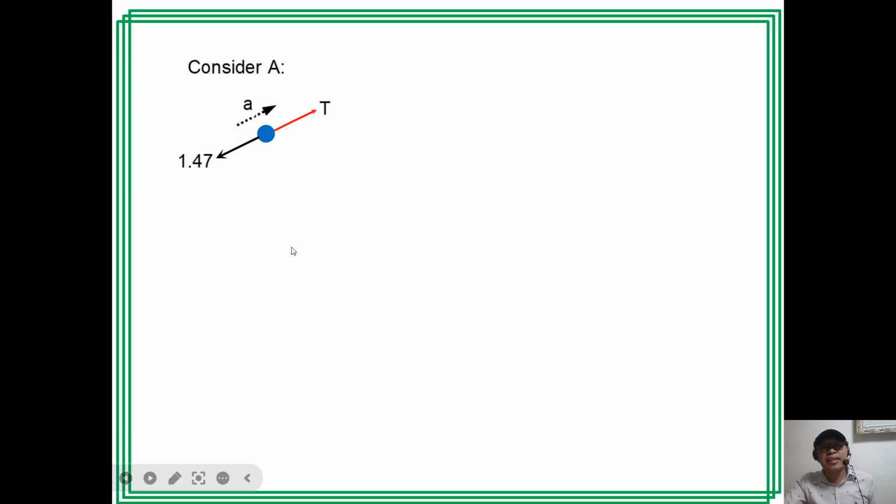But if we solve this by Newton's second law, we can just say that T is greater than 1.47, and the difference between T and 1.47 is equal to mass times acceleration. T minus 1.47 equals mass times acceleration. Then mass is 0.3. I will call this equation 1.